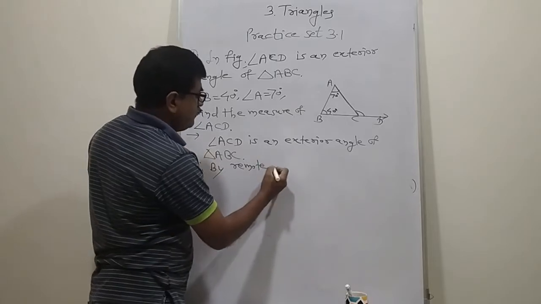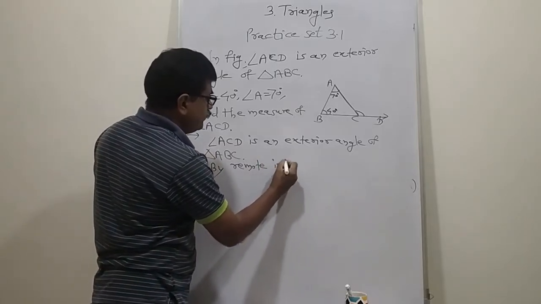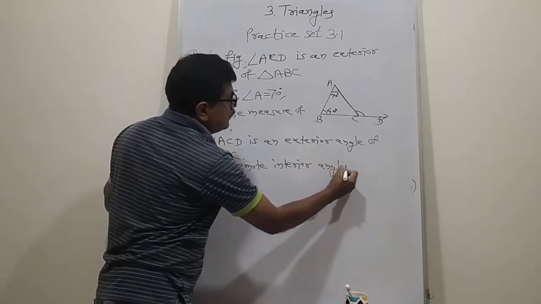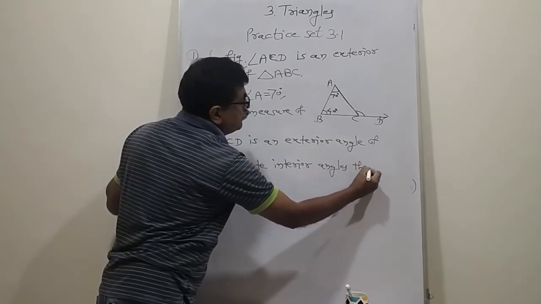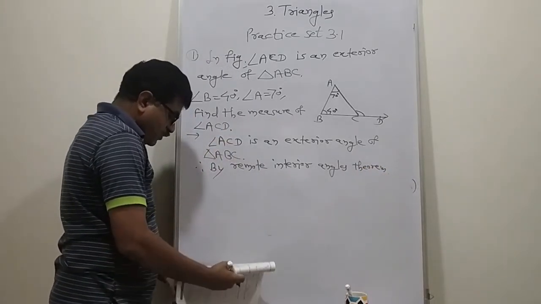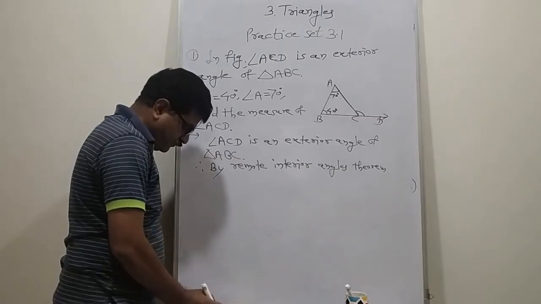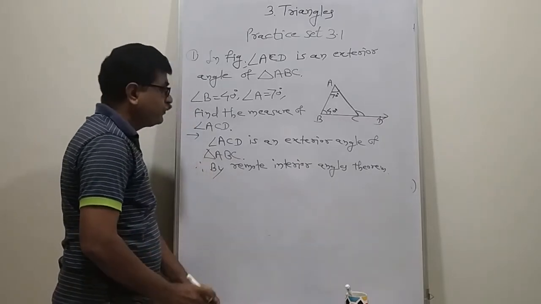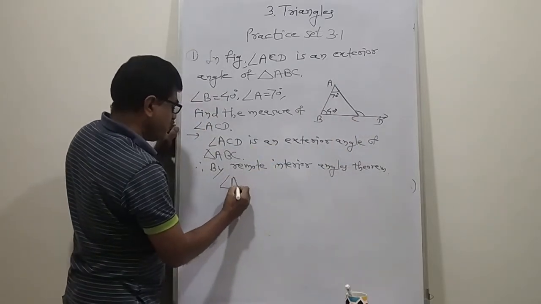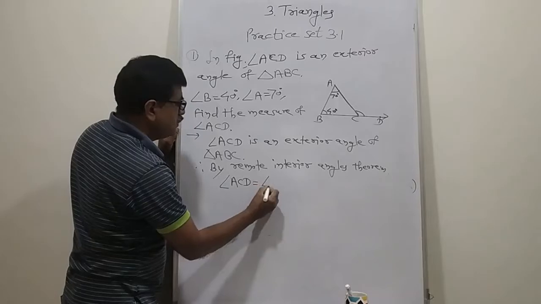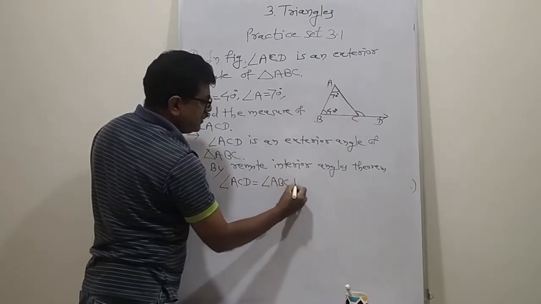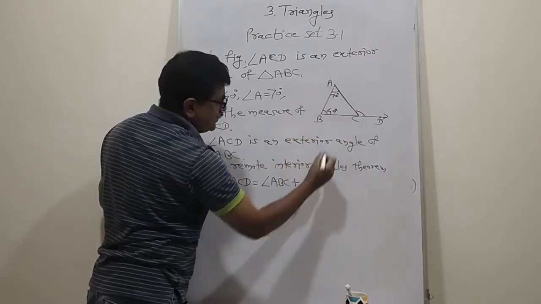Therefore, by remote interior angles theorem, this angle, that is exterior angle ACD, is equal to the sum of these two angles, that is angle ABC plus angle BAC.